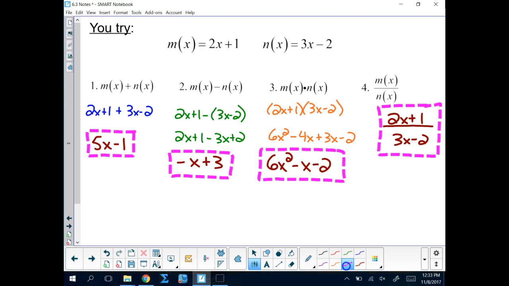Yes? How is that one not, like, how do you not combine them? How would you combine them? Well, what I put, obviously it's wrong, but I put 2/3 x minus 1/2. If you're going to cancel something out in a fraction, it has to come out of all of the terms on that particular one.